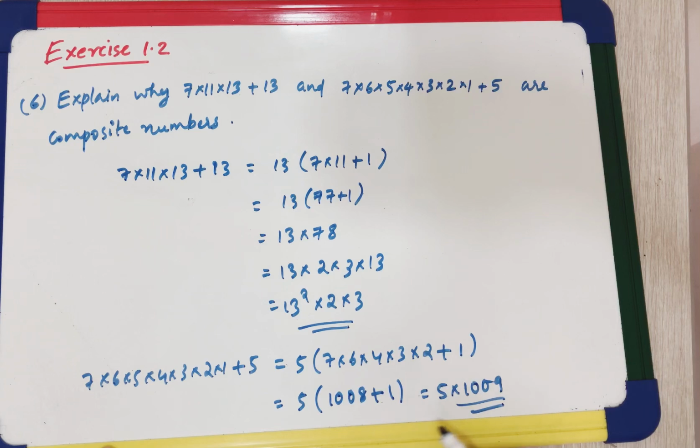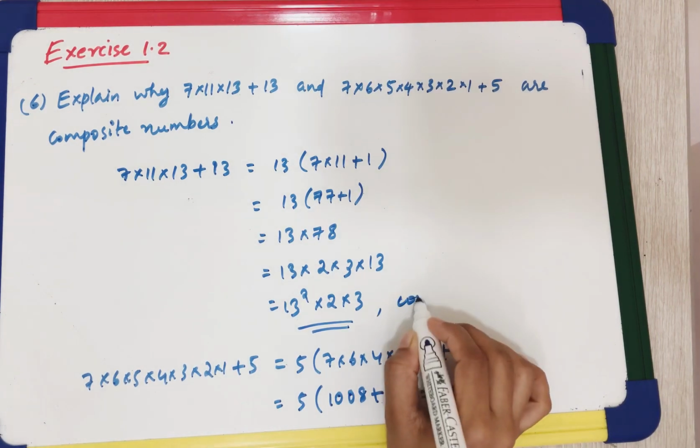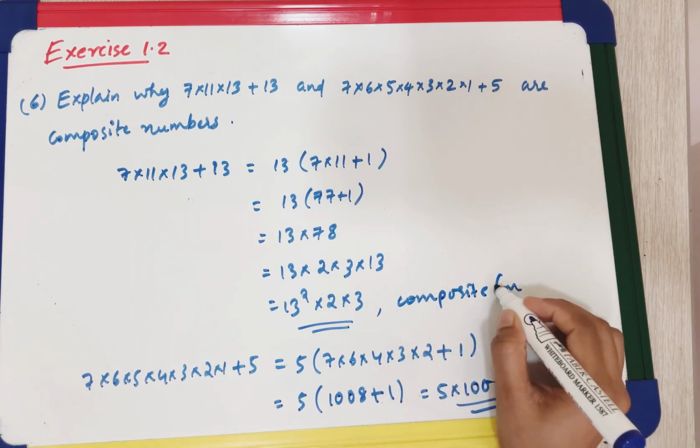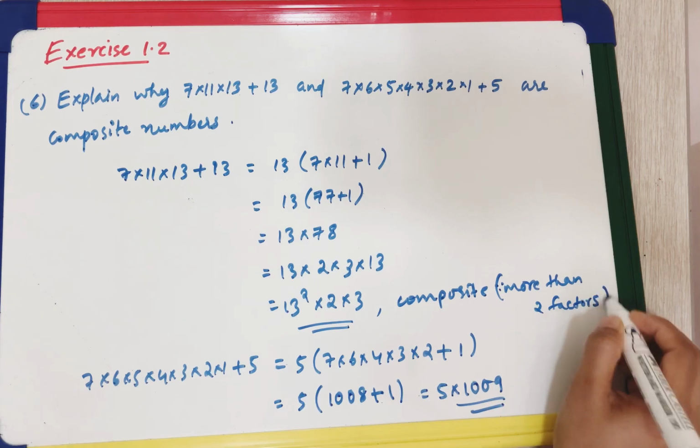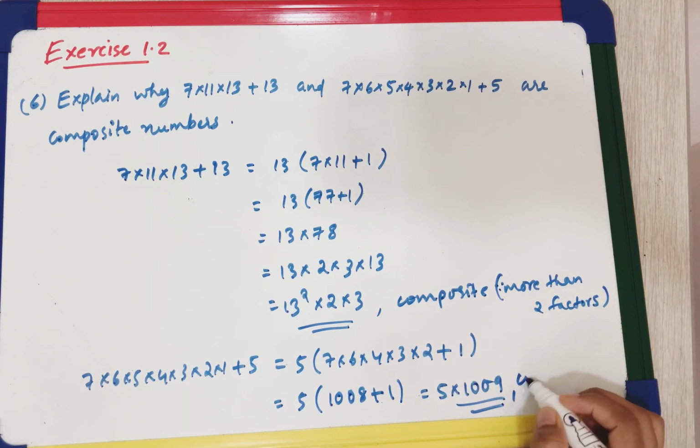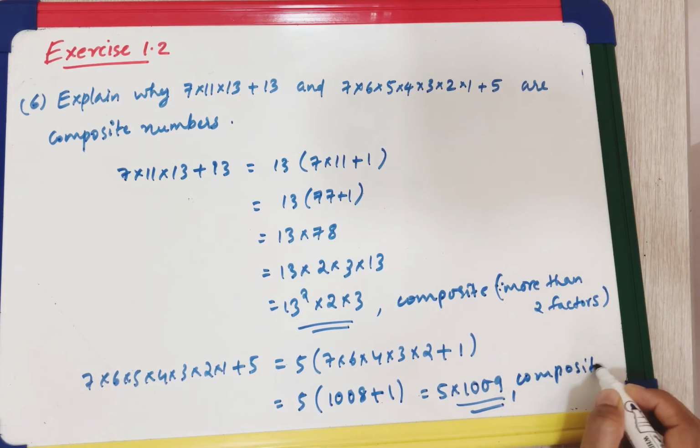Here this number also has more than two factors. Here 5, 1009, 1, and this number itself are factors. Therefore, these two are composite numbers since they have more than two factors. Similarly, this one is also composite.